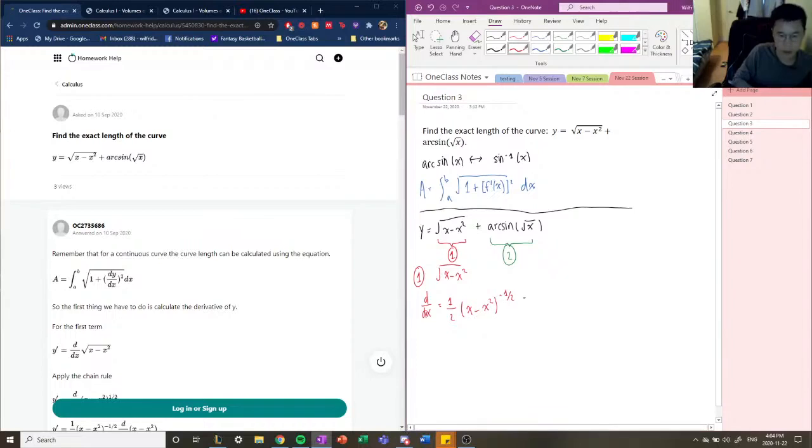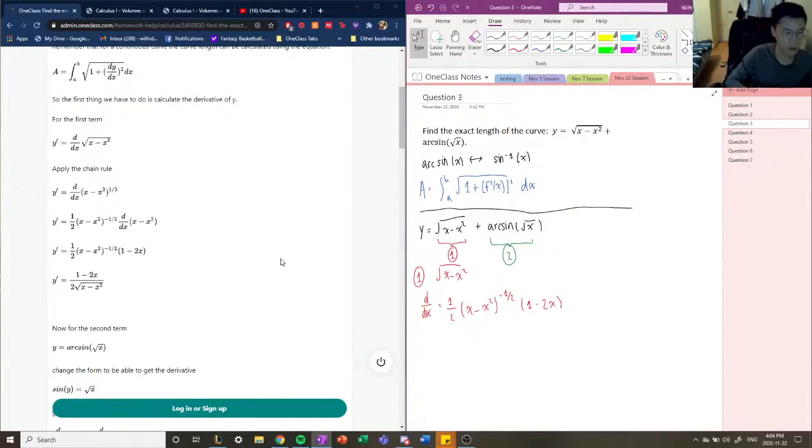And then we're going to differentiate the inside, which is 1 minus 2x. So that's the derivative of that. And we're going to simplify all this together. So we'll have 1 minus 2x divided by 2 times the square root of x minus x squared. Okay, cool.